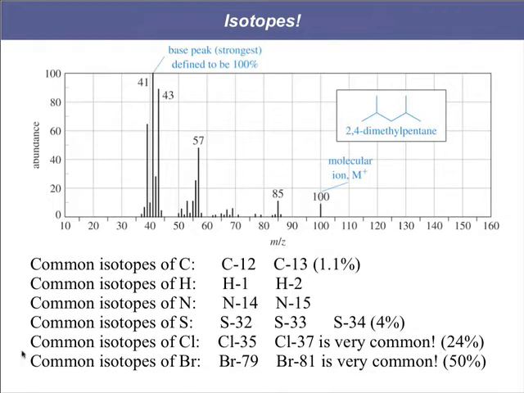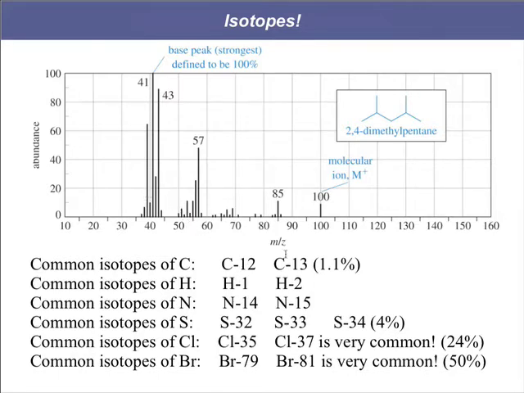For example, if any of our molecular ions have a carbon-13 in them, they won't be 100, they'll be 101. So maybe that's going to be very, very low abundance, so small that you can't even see it. But sometimes that might mean higher. If you have a very high abundance peak, like 41, at say 100 abundance, you might have a 42 at about 1%. Now, obviously, it's higher here for other reasons, but be careful of that.